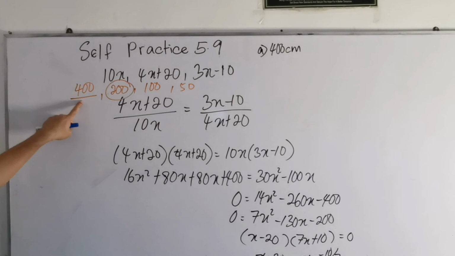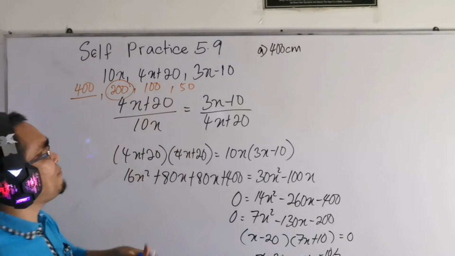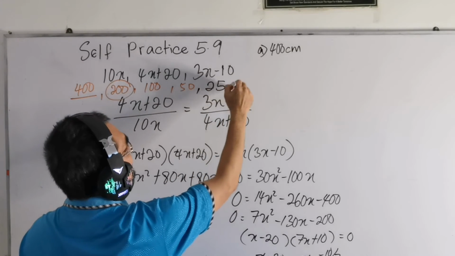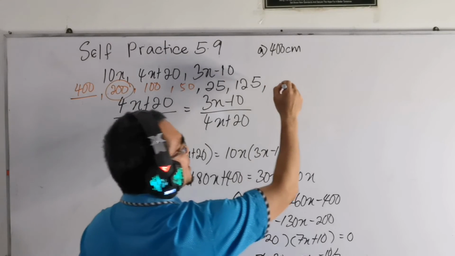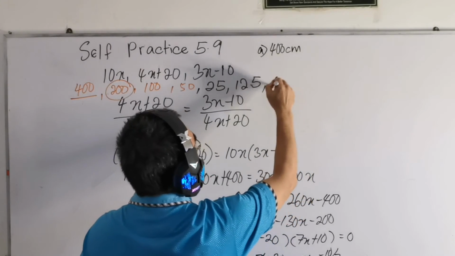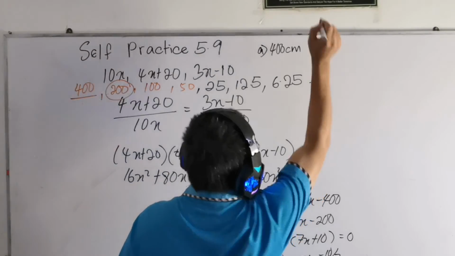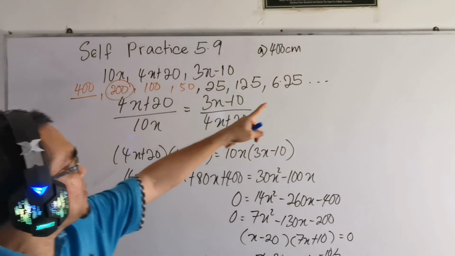First piece of wire is 400 centimeter, and then 200, and then 100, and then 50, and then we just continue from here 25, then it becomes 12.5, then become 6.25. Okay, so we just add all these numbers.